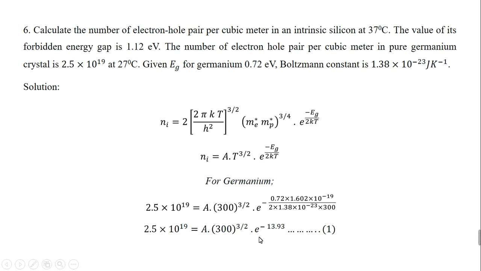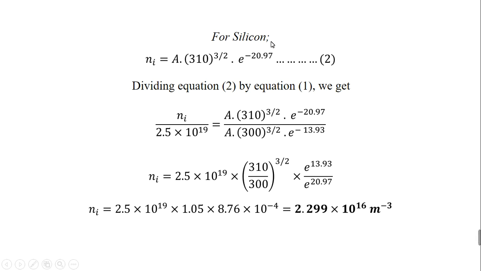Now you do a similar type of calculation for silicon. For silicon, n_i is not given, so you write down n_i as it is, the A value, and 37 degrees centigrade is given, so write it in terms of kelvins as 310, 310 to the power 3 by 2 into e to the power, similar type of calculation.